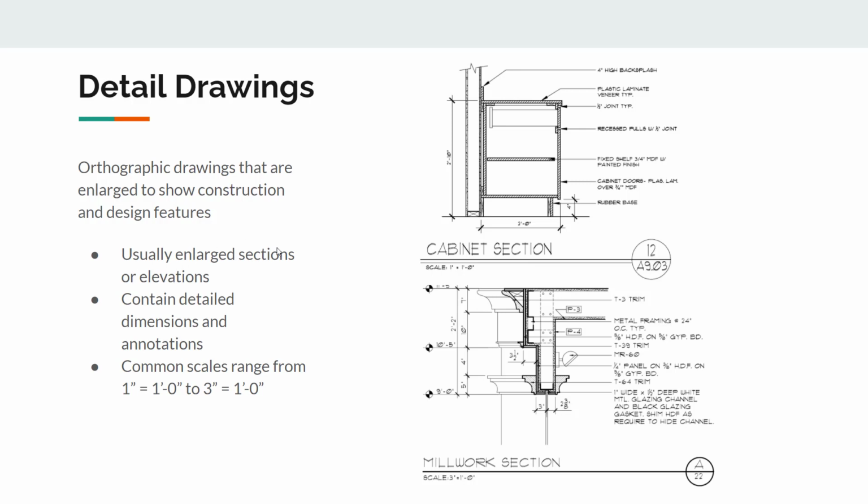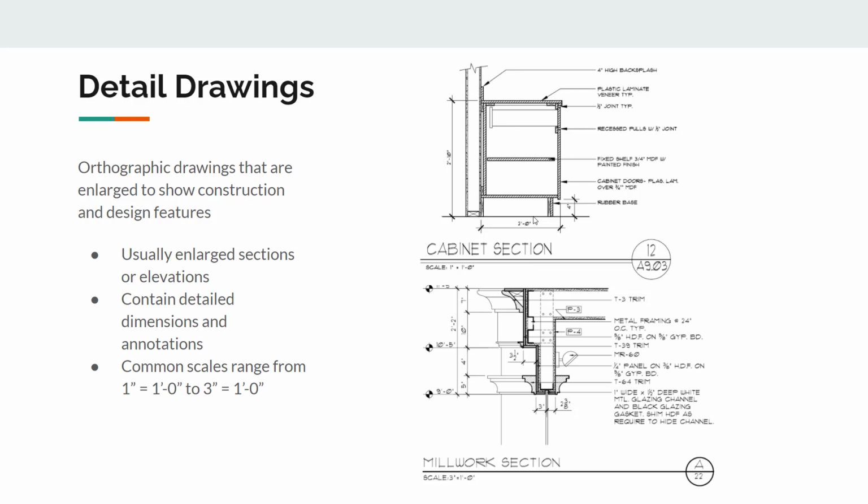So usually these are just enlarged sections or elevations. They can also be plans, but a lot of the times they are sections or elevations. And as you can see, they include dimensions and a lot of detailed annotations that describe the exact construction of whatever the drawing is of.